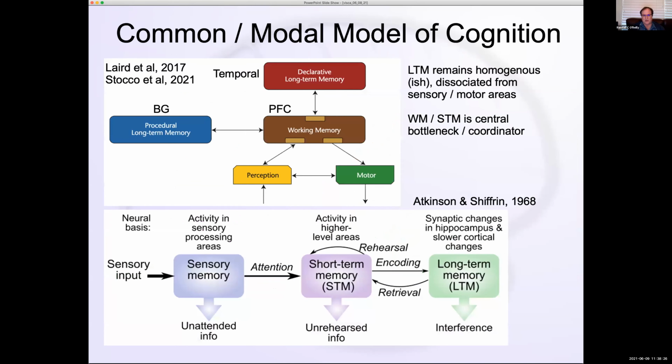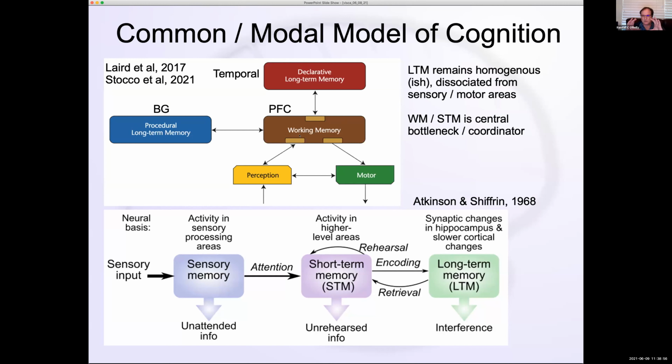There's more recently been a lot of interesting work on trying to articulate a common model that includes architectures like SOAR and some other commonly proposed architectures. And this looks like this, with basal ganglia being the procedural long-term memory, temporal lobe, and basically including cortex and hippocampus as a long-term memory system.